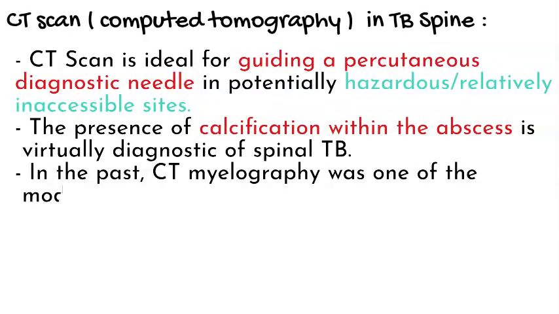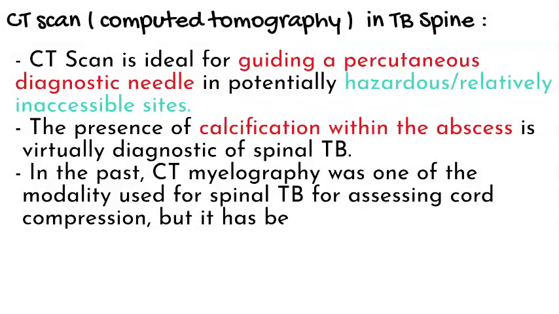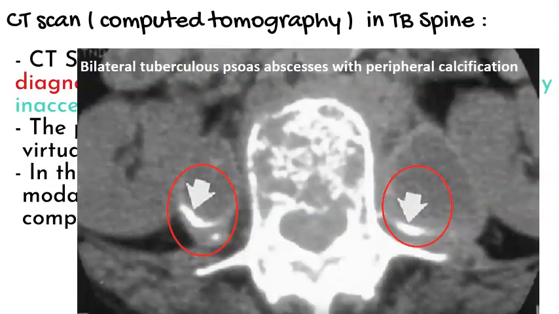In the past, CT myelography was one of the modalities used for spinal TB for assessing cord compression, but it has been replaced by MRI. This shows the bilateral tuberculous psoas abscess with peripheral calcification. It is important because it is virtually diagnostic for spinal tuberculosis.